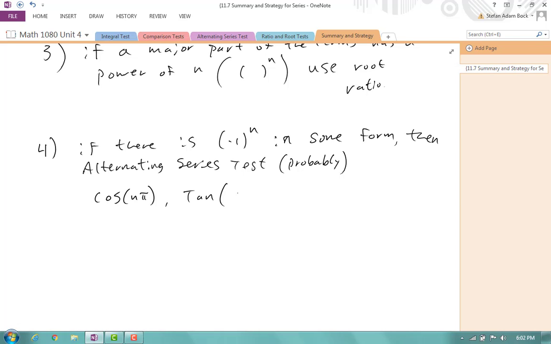And then when I get to 5 pi over 4, that's +1 again. And then at 7 pi over 4, it's -1 again.